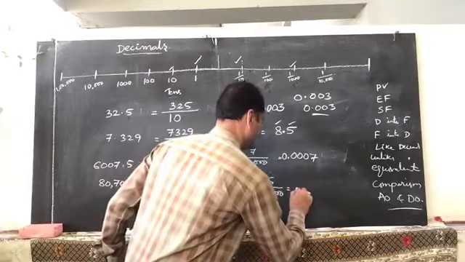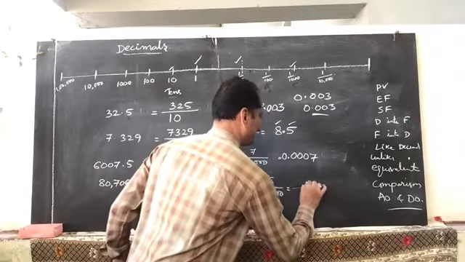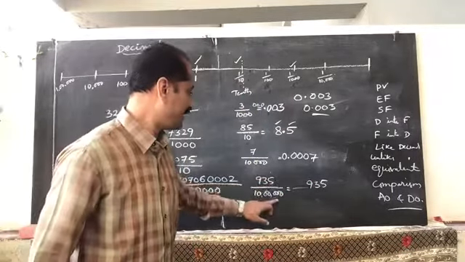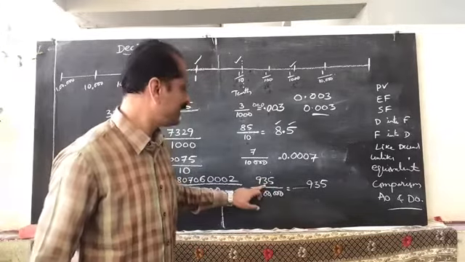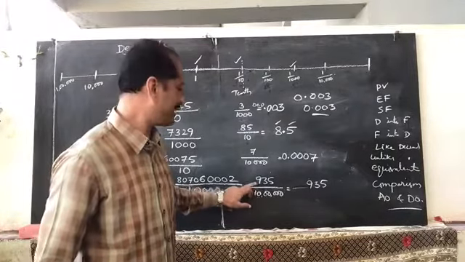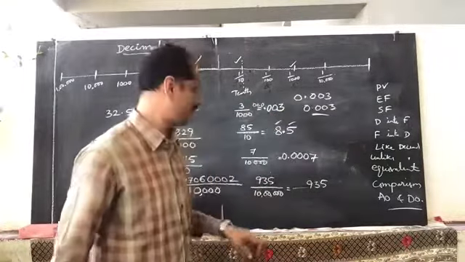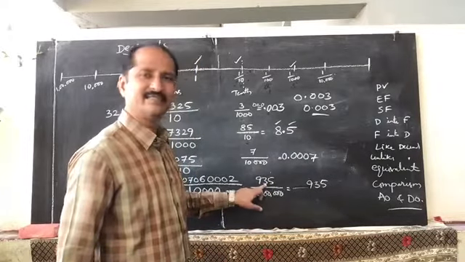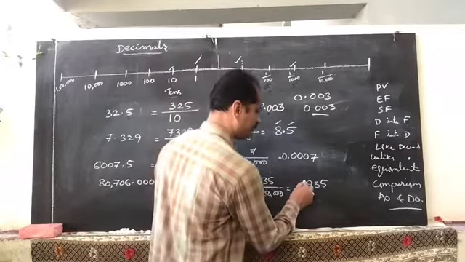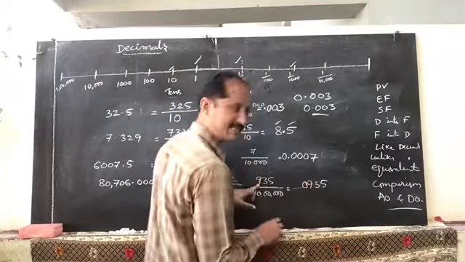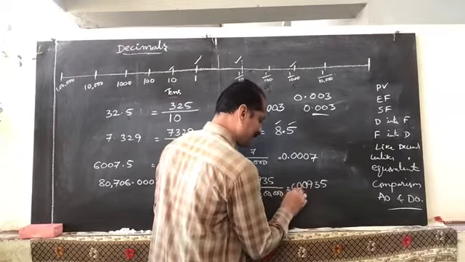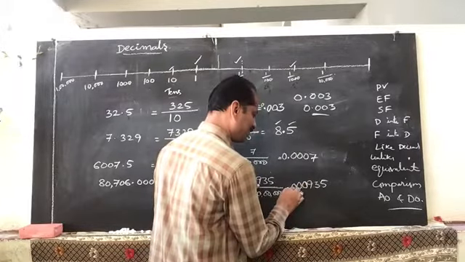In the same way here, you write down 935. But where should 935 be? 5 is in the 10 lakhs place, 3 is in the 1 lakh place, 9 is in the 10,000 place. So write from the 1 lakh place: 10 lakhs, 1 lakh, 10,000, 1,000th, 100th, 10th, decimal point and 0.